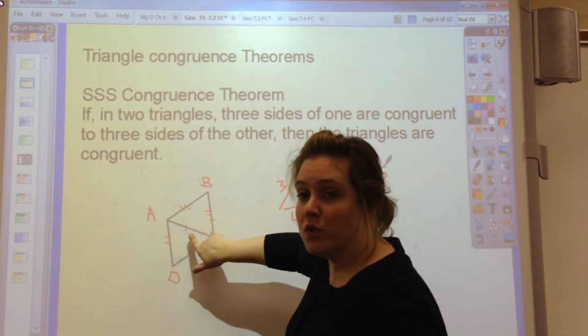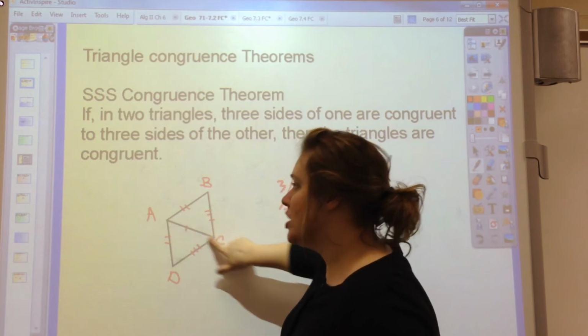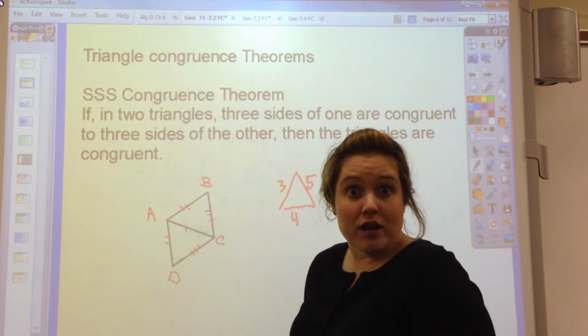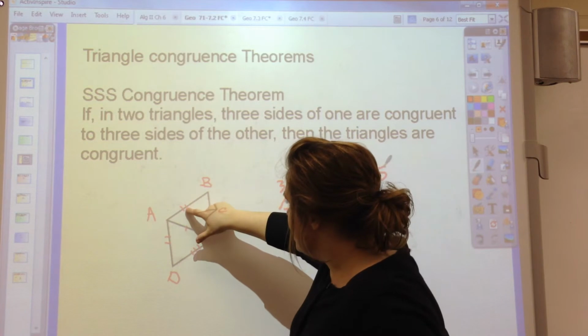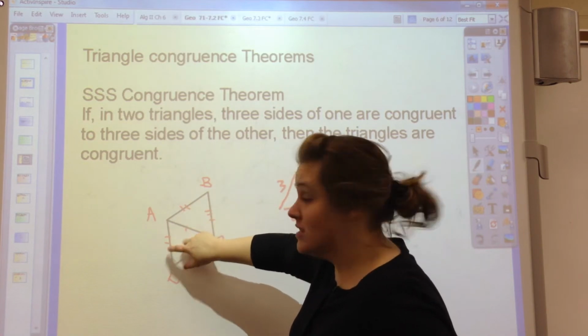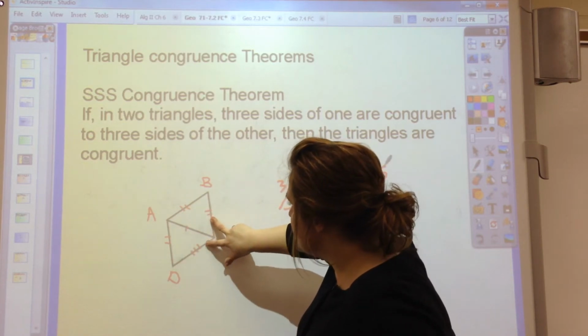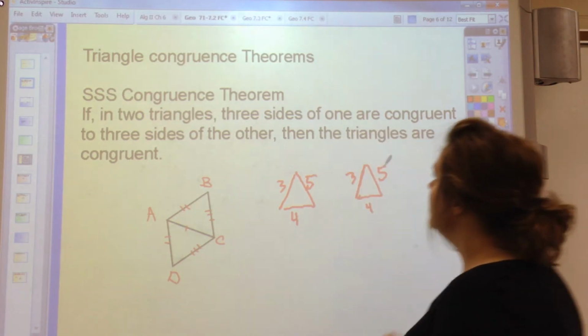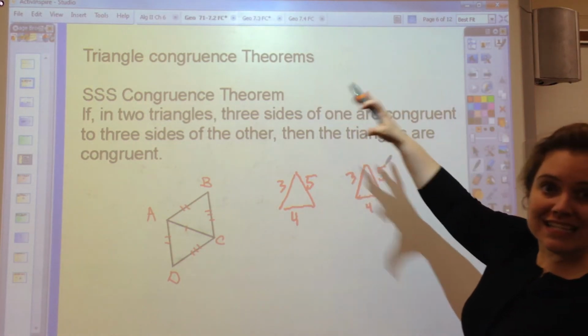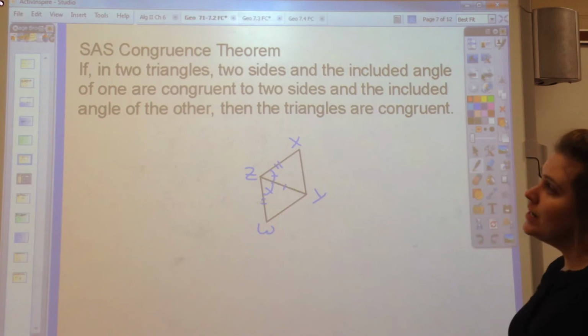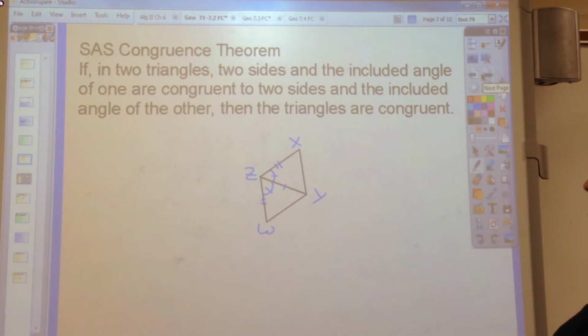Here we show that with congruency markings. This shared side, if it's shared, has to be the same for both. And this double dash mark means that these two are equal, and the triple dash mark means that these two are equal. So this is, again, the side, side, side congruence theorem. The next one is the side, angle, side congruence theorem.